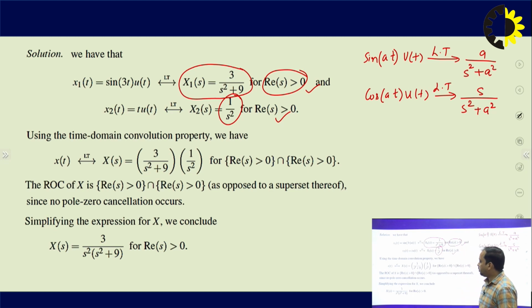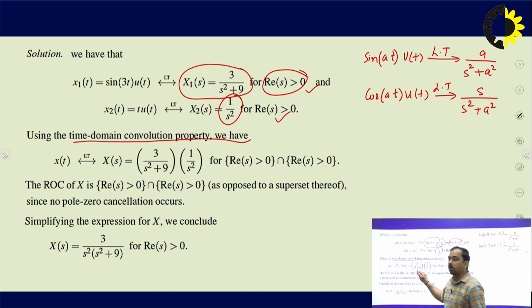Now we have the property that convolution in the time domain is nothing but the multiplication of the transforms in the s domain. So we have 3 divided by s squared plus 9 as the first factor, and we have 1/s squared.